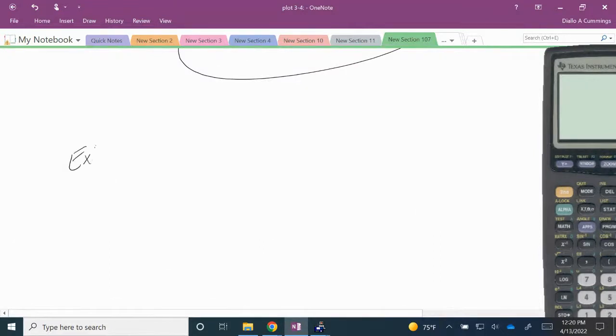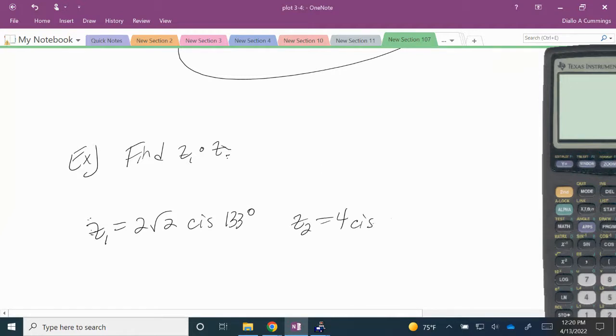So z sub 1 is a number in trig form, 2 square root of 2 cis 133 degrees, and z sub 2 is 4 cis 126 degrees.